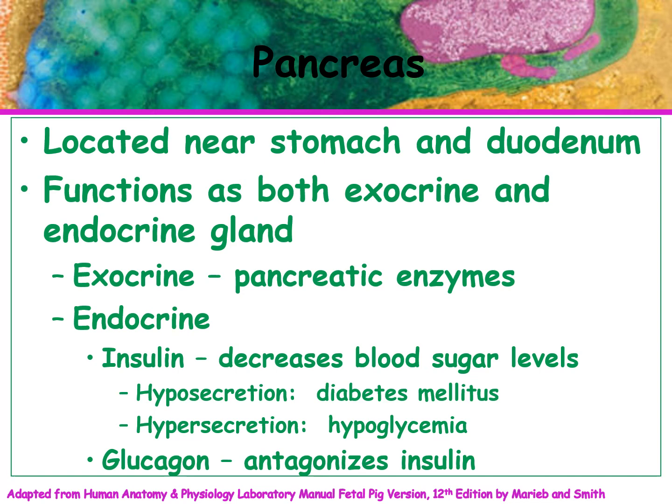It is important for our hormones to be present within specific ranges, and if they are present outside of those specific ranges, it can cause a disease condition. So if we have insulin present in less than sufficient quantities, it will result in the disease diabetes mellitus. So hyposecretion of insulin results in diabetes mellitus.